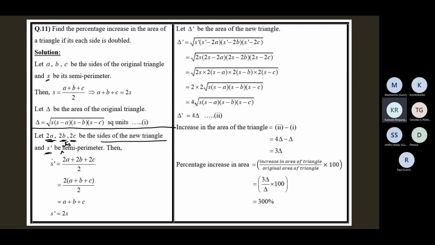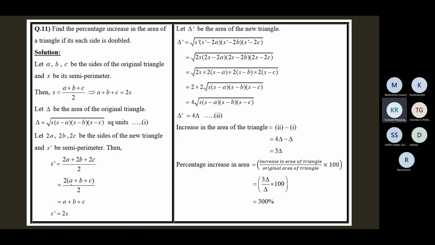Because the sides are doubled. See, S is the semi-perimeter here, S dash is the semi-perimeter here. Then S dash is equal to the sum of the sides, 2A plus 2B plus 2C, by 2. So 2 is common and they get cancelled. So S dash is equal to A plus B plus C. But what is A plus B plus C? 2S. So S dash is equal to 2S.